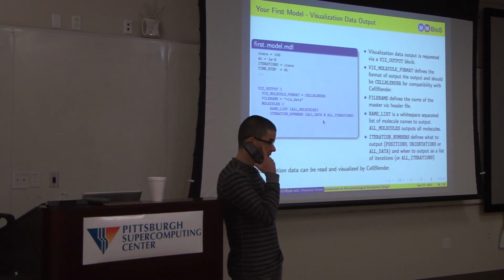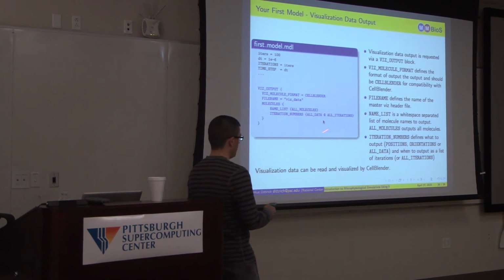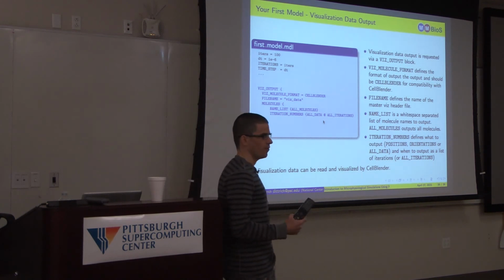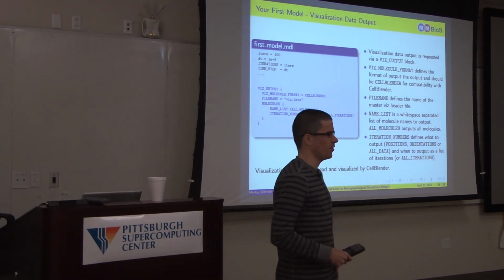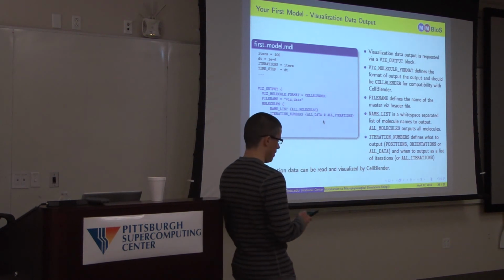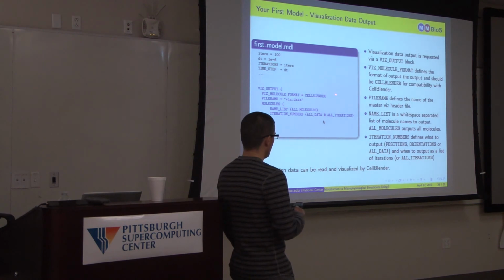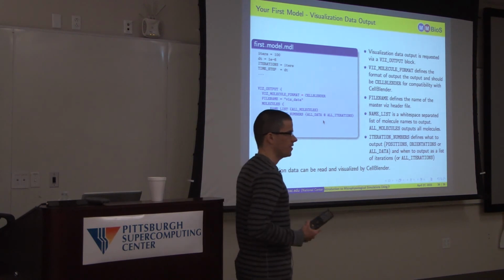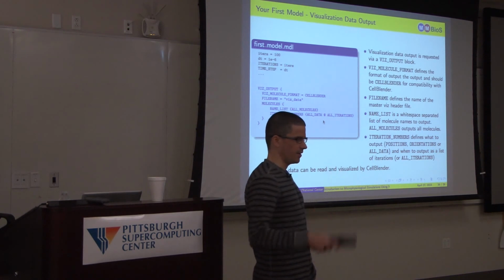I know that there are people who actually use this type of information to get at the XYZ coordinates of molecules as a function of time. And for those, of course, they need this type of information. We also have an ASCII version of this data, which is basically just XYZ coordinates of all the molecules as a function of time.